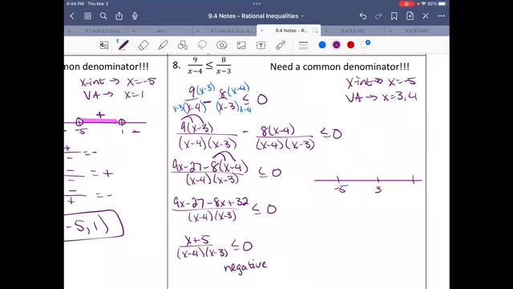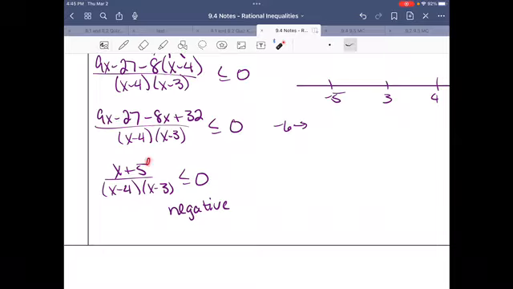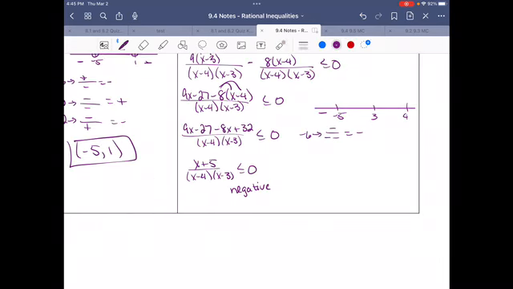So number line: negative 5, 3, 4. A number that's less than negative 5, so negative 6. We're plugging it in here. So negative 6 plus 5, negative. Negative 6 minus 4, negative. And negative 6 minus 3 will still be negative.